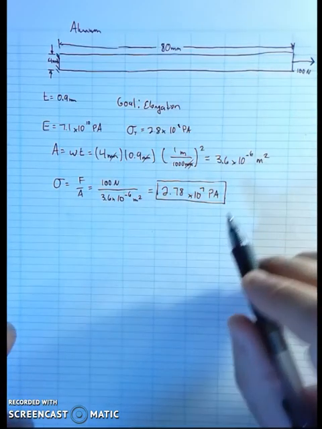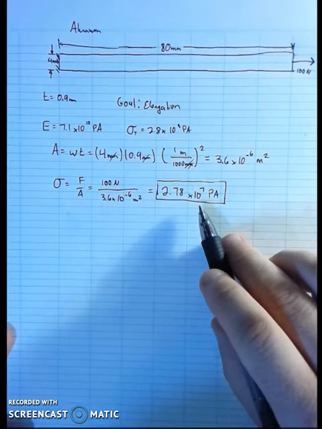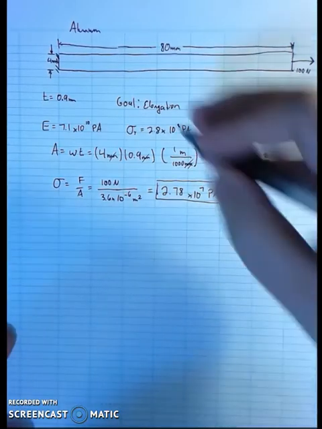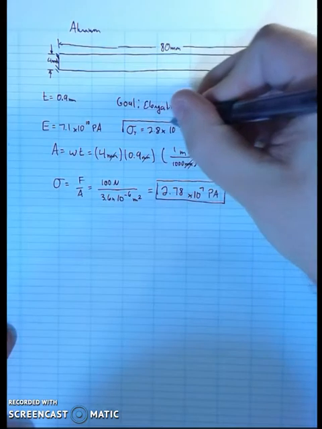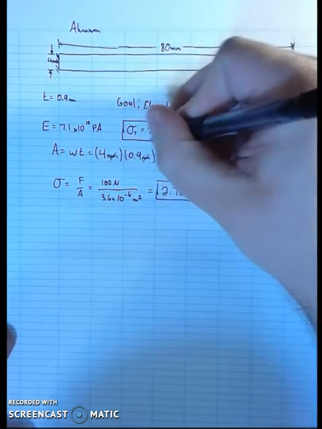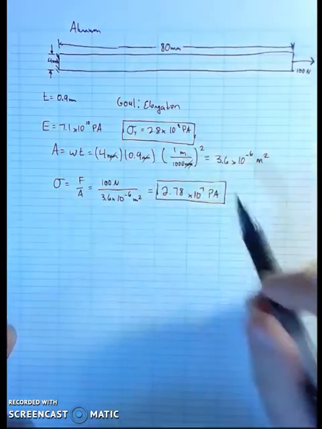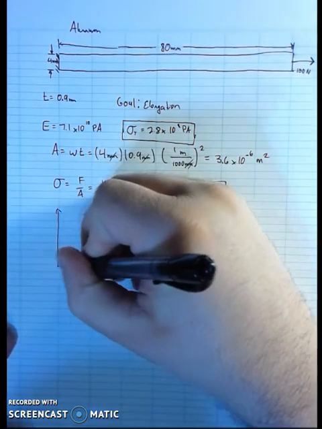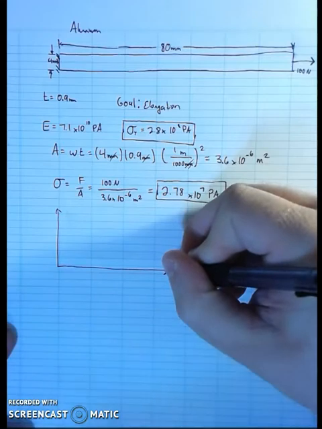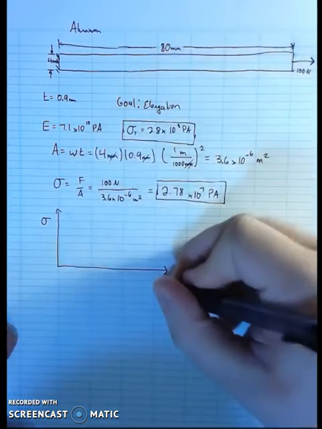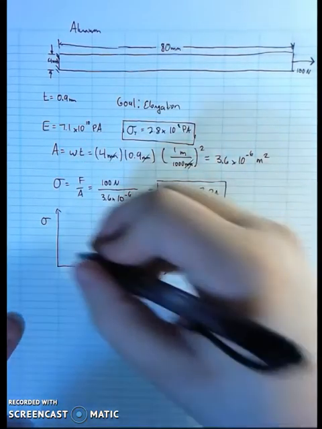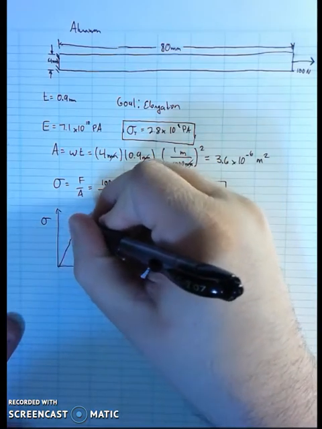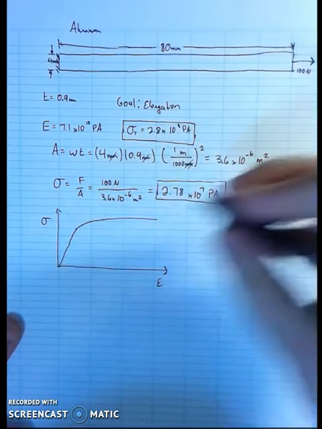Presumably, if we remove the force, it would then return back to its original shape. So what I need to do is compare the stress that I've imposed on this geometry with the yield stress. This is the stress at which I essentially leave the elastic region and enter the plastic region. If you remember, a stress strain curve looks like this, and the curve goes something like that.